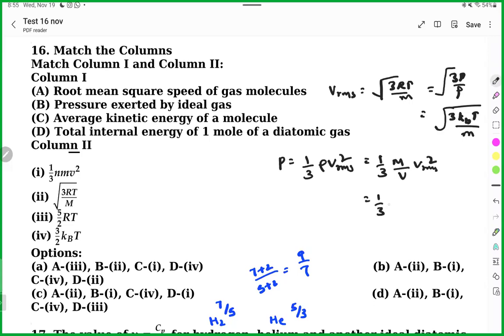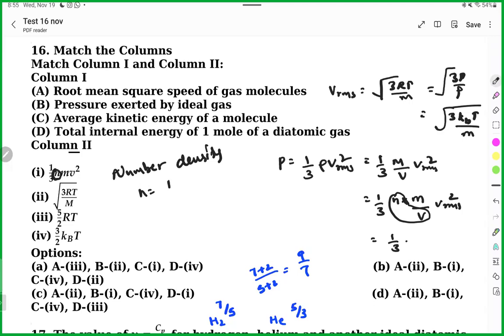Mass is also equal to number of molecules multiplied by mass of each molecule, by volume, VRMS square. And number of molecules by volume is the density. This n is not actually n, it is the number density, given number of molecules per unit volume.